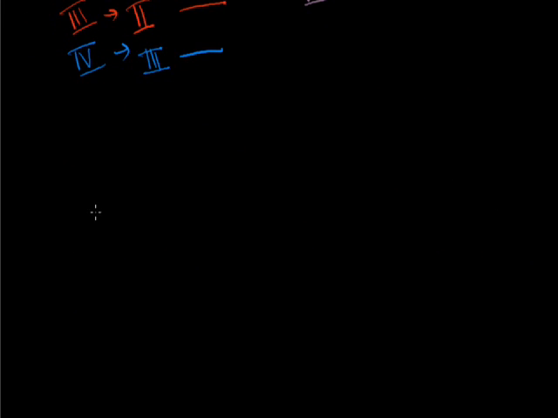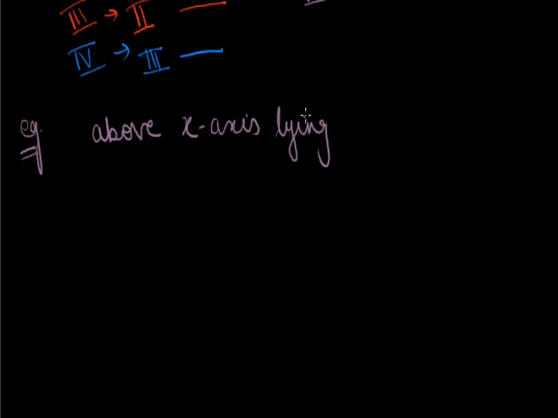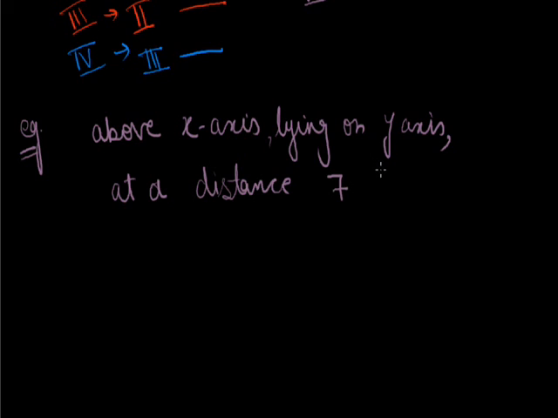Suppose it is asked to locate a point which is above the x-axis. The condition is given that the point is above the x-axis and lying on the y-axis and at a distance of 7 units, and we have to draw the location of the point.